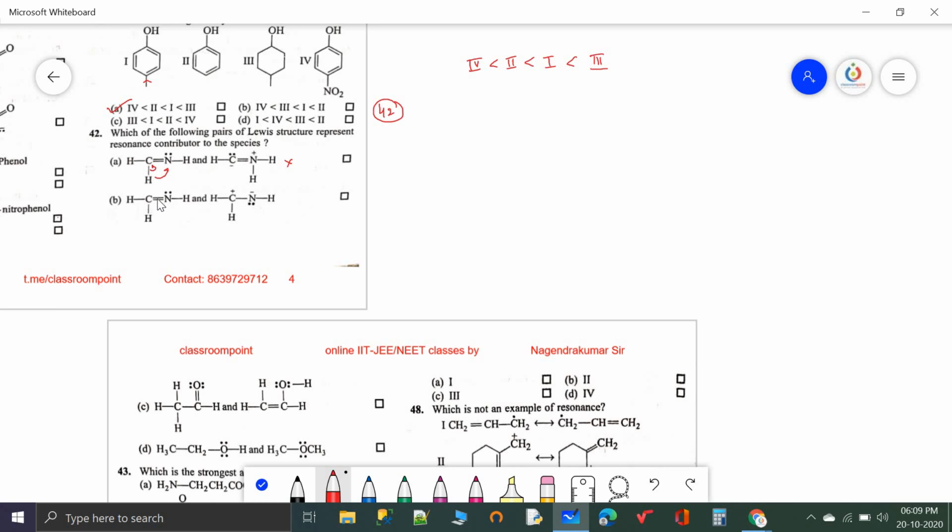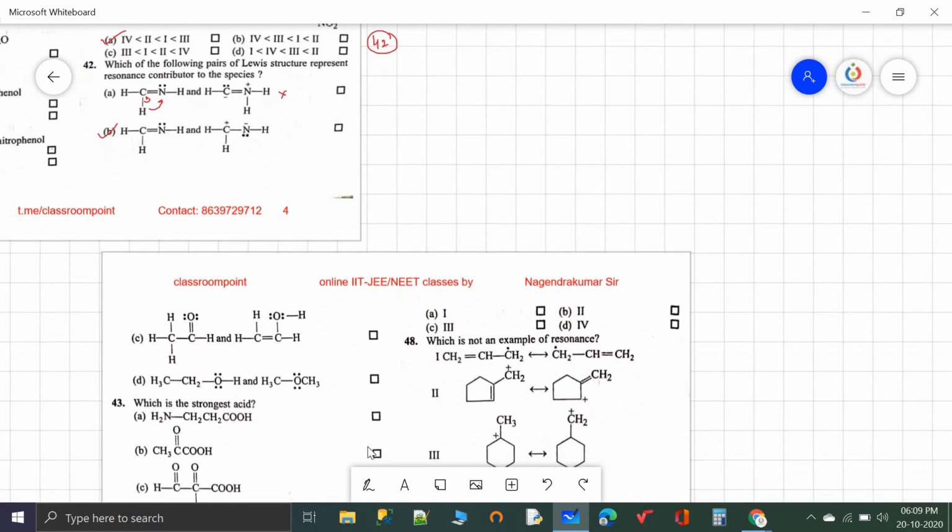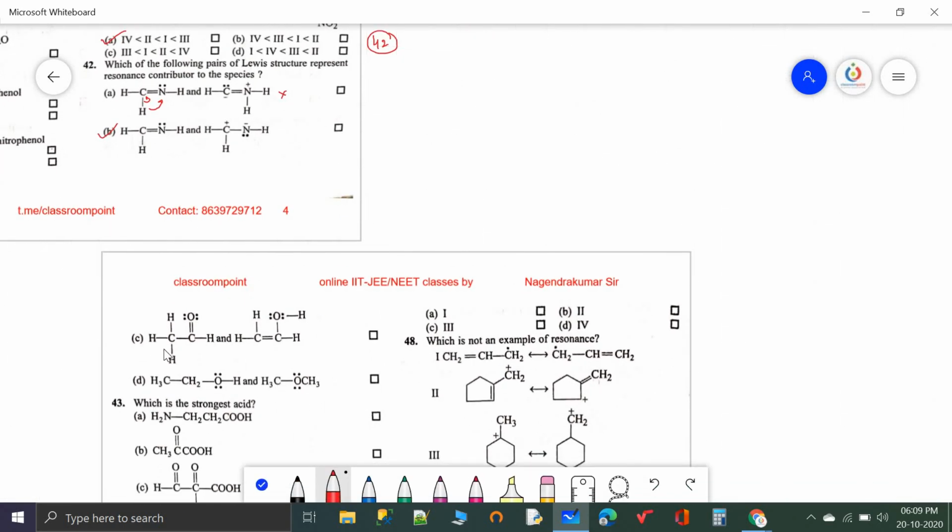In this case, a pi bond is there. This pi bond can be written like this, plus and minus, because plus and minus together can again form the bond. So it represents a resonance structure of the Lewis structure. Now let us see options C and D. In option C, there is no chance for a resonance structure because the double bonded electrons and lone pair are not separated by a single bond.